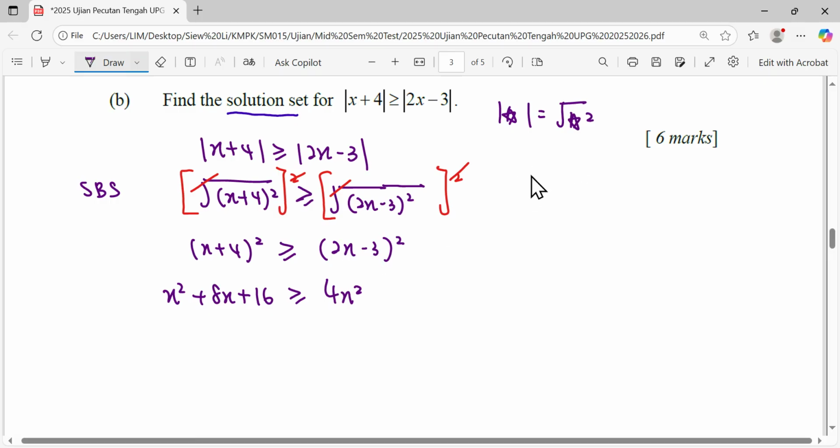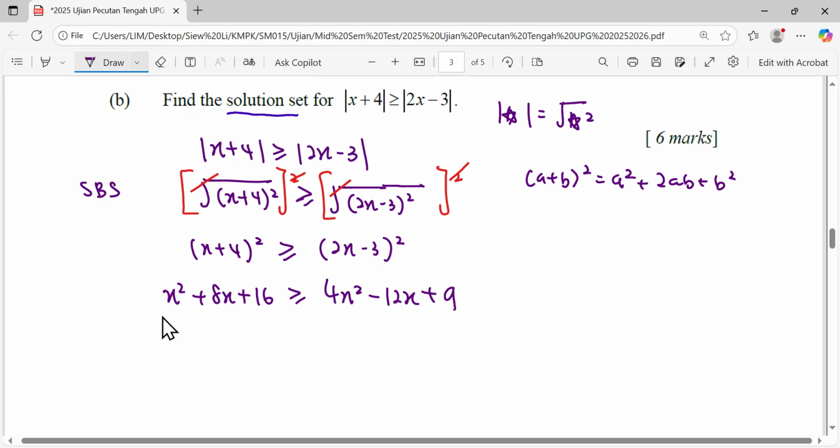And then, so how to expand this? It will be a squared plus 2ab plus b squared. Bear in mind, when you expand something from 2 terms, you will expand it to 3 terms. So 4x squared, 2 times a times b give us negative 12x, and then b squared we get 9.